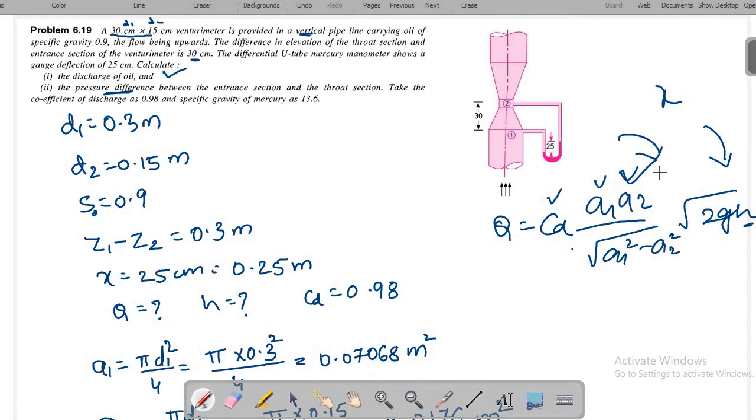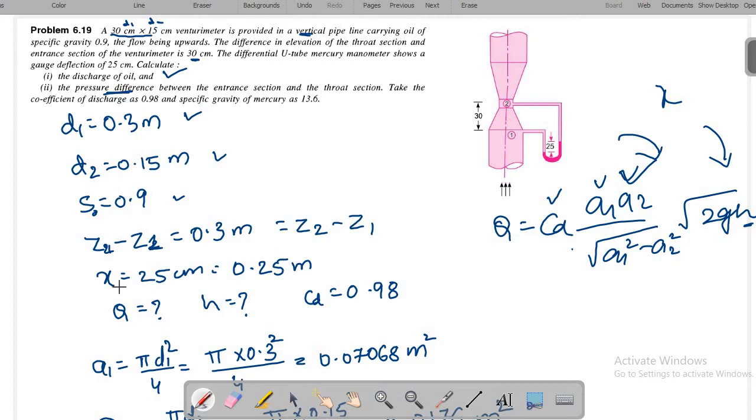According to me, the given data is to be written as a first step, so I am writing D1 in terms of meter, that is 0.3 meter, D2 that is diameter of the throat, which is 0.15 meter, and specific gravity of the oil, so S0 as 0.9, and Z2 minus Z1 is 0.3.